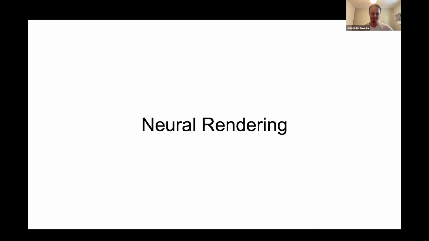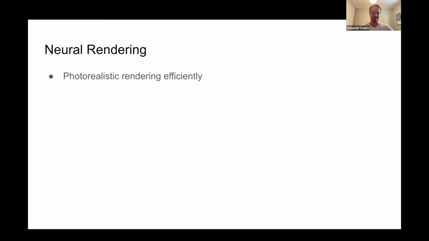Just an introduction to the field of neural rendering. This is going very fast right now in research. Essentially, what we want to do is render photorealistic environments efficiently. How we would usually do this in the past was with polygon meshes, for example what you have in video games and in big film studios.